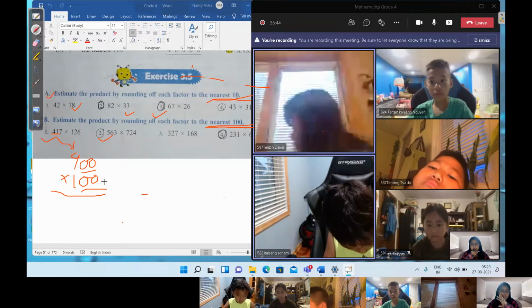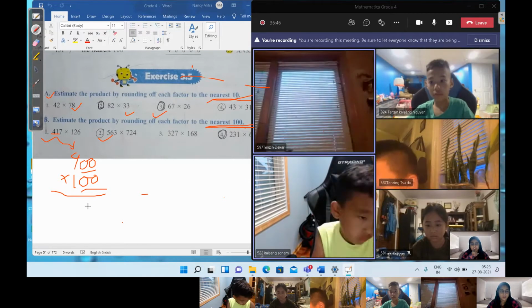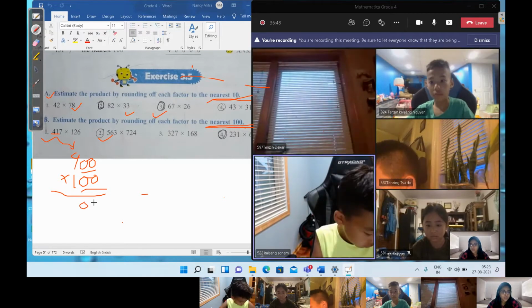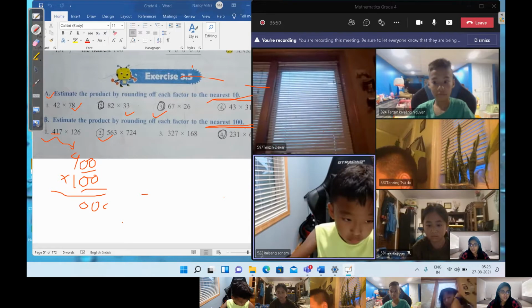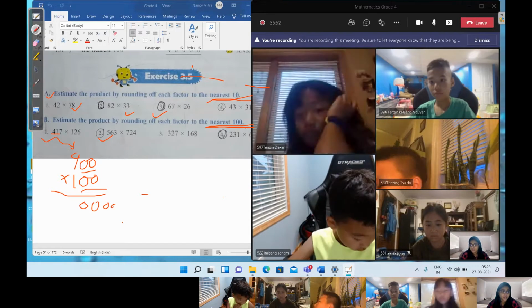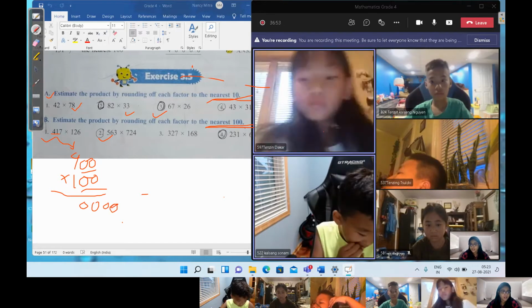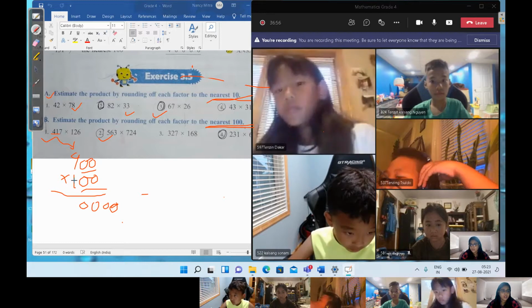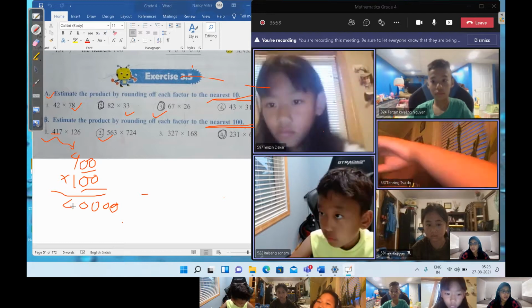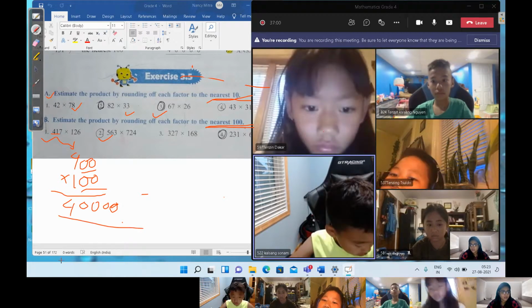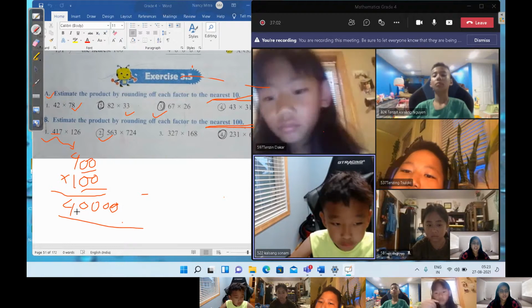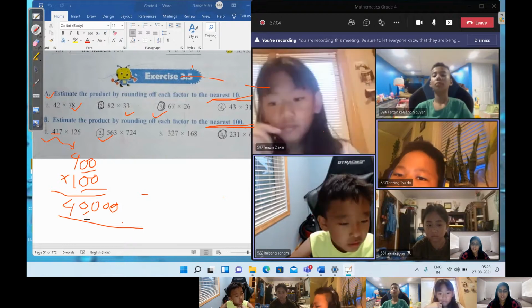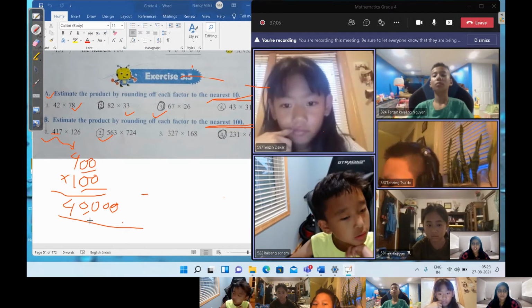Here are coming 4 zeros. So we have to write only 4 zeros. After that we have to multiply 1 into 4. What is it? So that is the answer. 1000. So is there any problem?